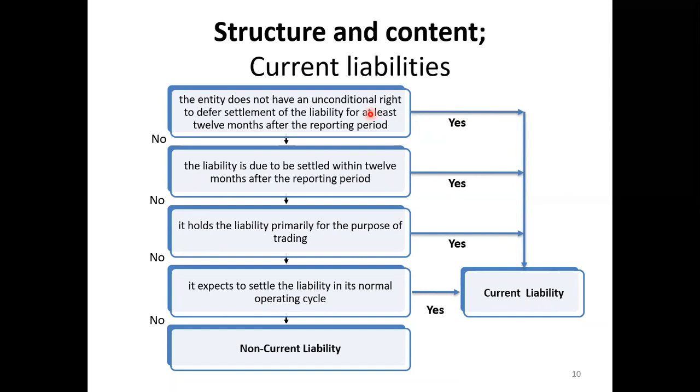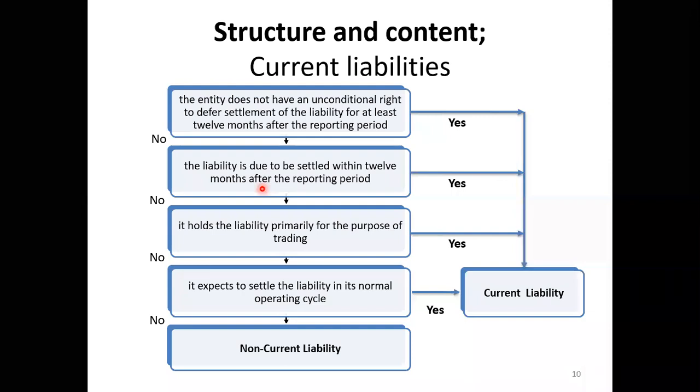If I don't have rights to postpone, then we go to the second step. If I have the right to postpone the settlement of the liability, then we check whether the liability is due to be settled within 12 months after the reporting period.